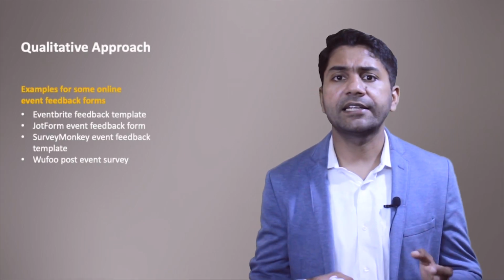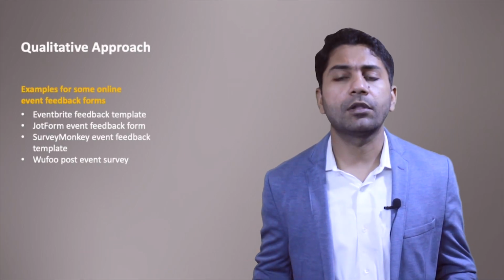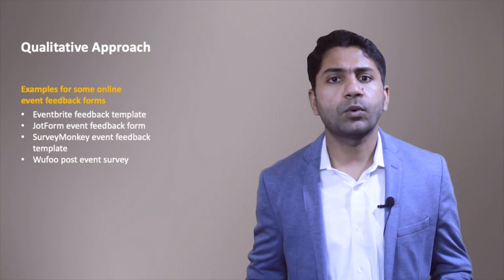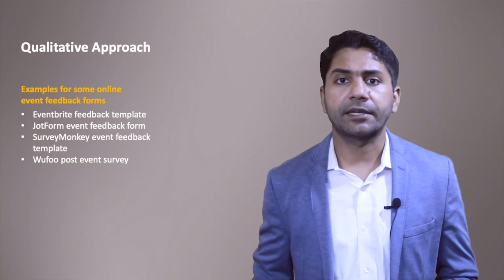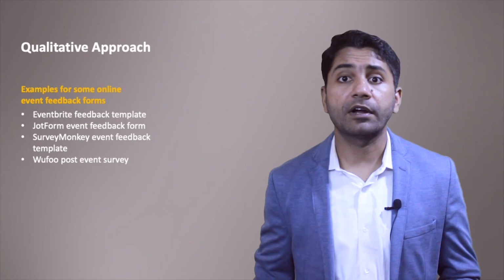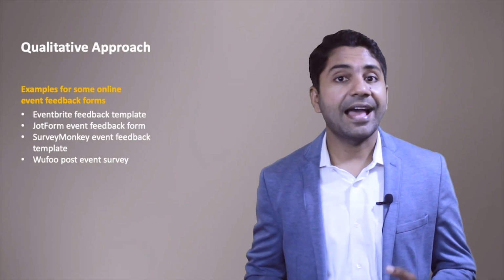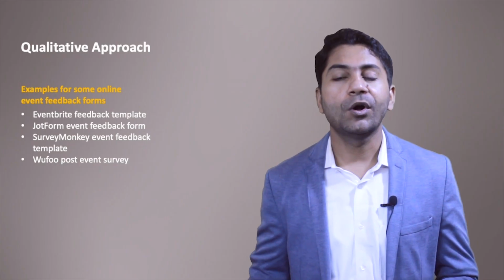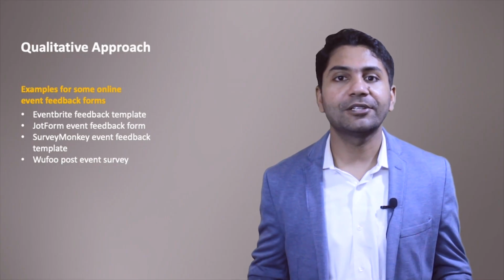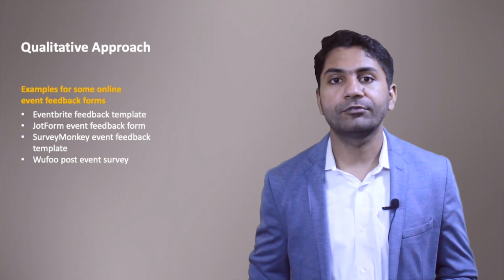Let's take a glance at some event feedback forms which are available online. First one is the Eventbrite feedback template, which offers a lot of different methods to collect information, including allowing attendees to draw on a diagram and to circle words which are most meaningful for them.